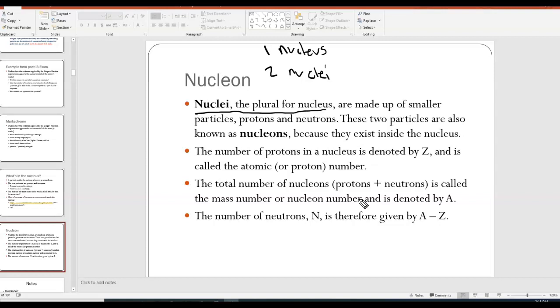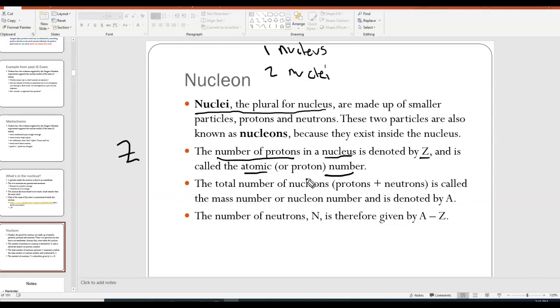Now, these are symbols that you need to know. The number of protons inside a nucleus is given by the symbol Z. This is an uppercase Z. The number of protons is called the atomic number. You've probably heard about atomic number before in chemistry.